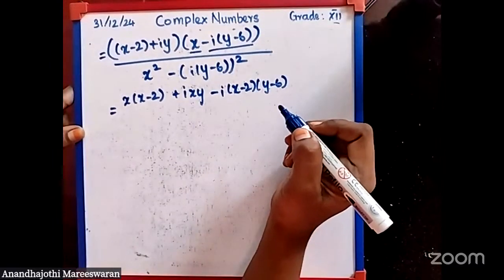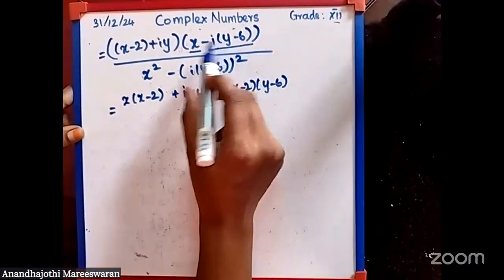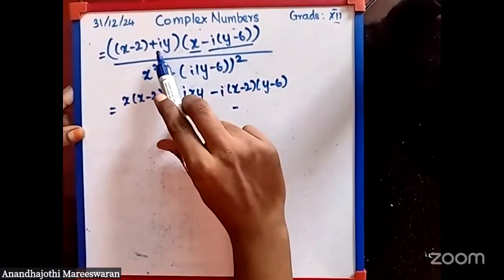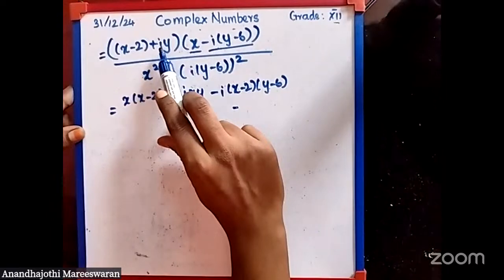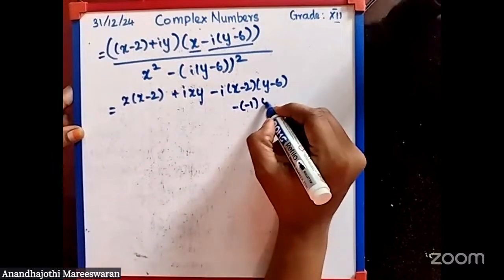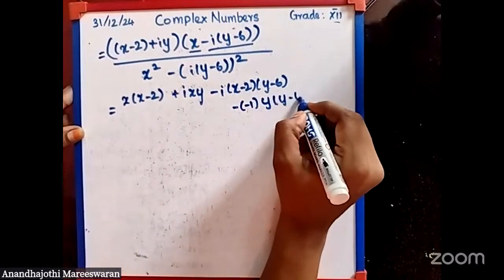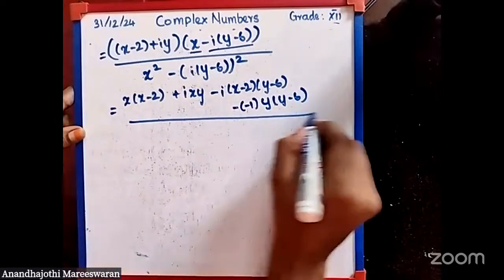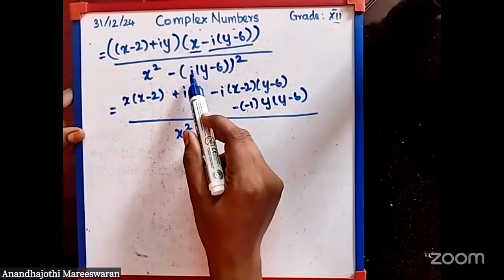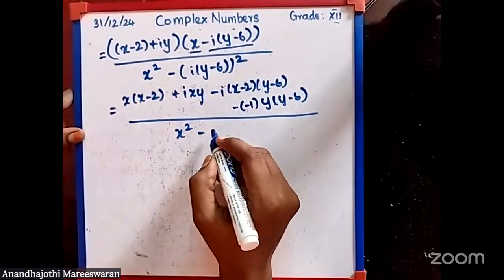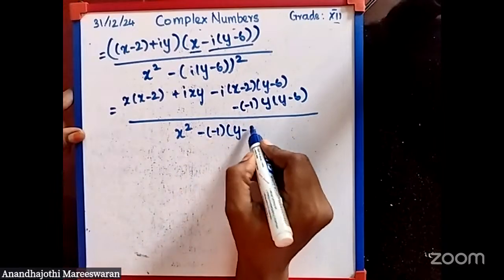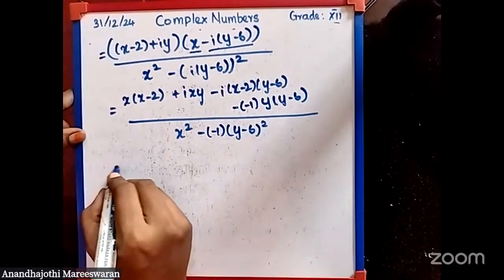Then we multiply this term with iy. So minus i squared, whose value will be minus 1, so minus of minus 1 times y multiplied by (y minus 6), divided by x squared minus i the whole squared, where i squared value will be minus 1, multiplied by (y minus 6) the whole square.